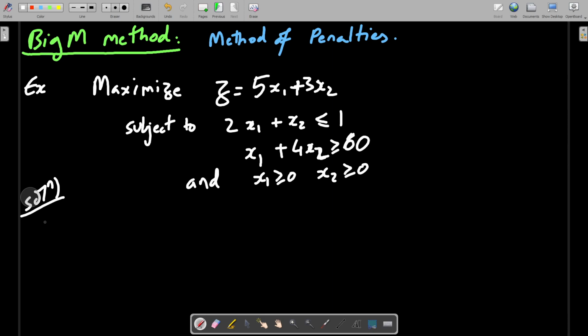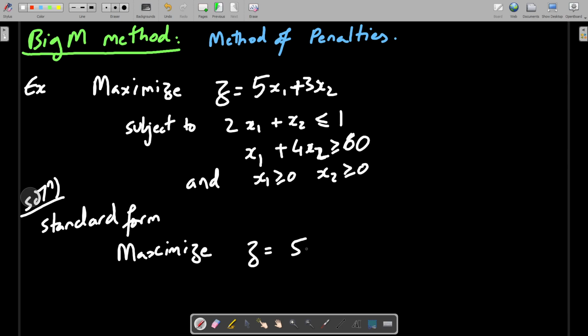So let us write the standard form of this LPP first. So this will look like maximize z is equal to 5x1 plus 3x2, subject to 2x1 plus x2.